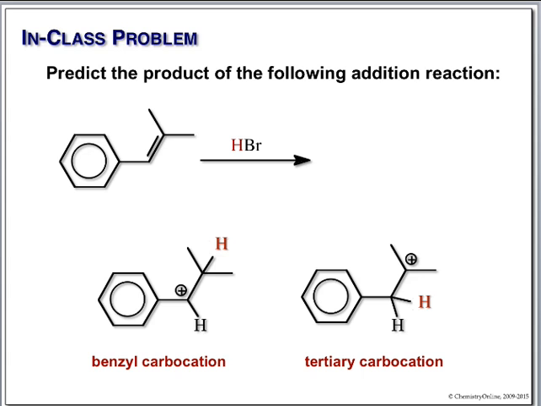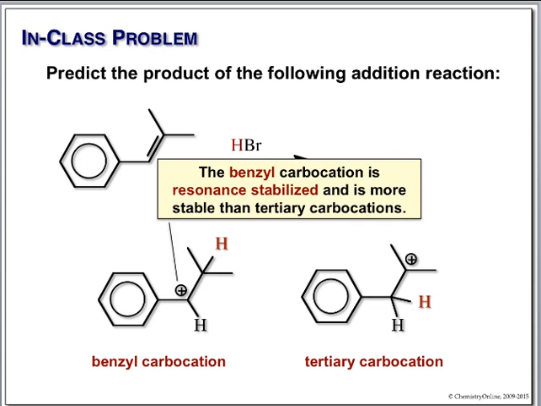If we put the proton here, we would form a tertiary carbocation. Who wins? Resonance always wins. Benzyl carbocation is resonance stabilized, and it is more stable than the tertiary.